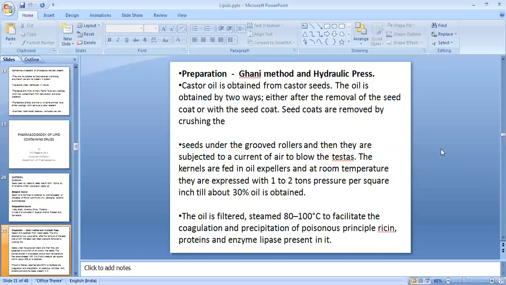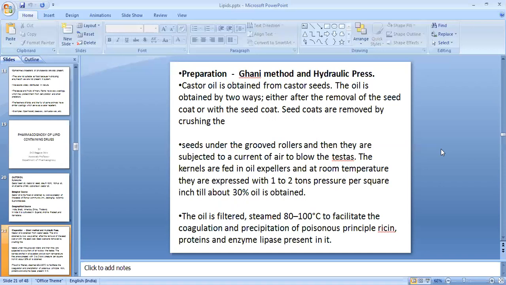And in the hydraulic press, the oil is expressed by power-driven motors. The oil can be expressed from the castor seeds, either from the decorticated seeds or the whole seed.